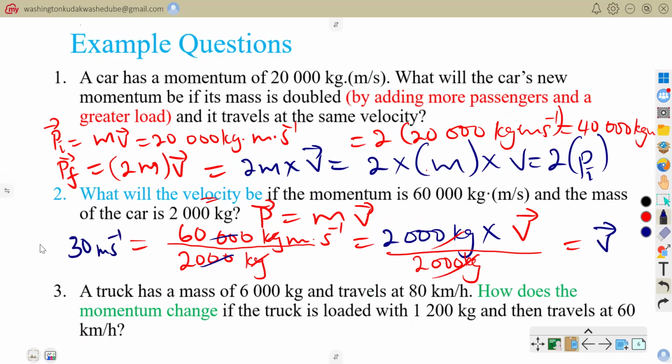And the velocity would be in the same direction as what? As momentum. So you can say 30 meters per second in the same direction as the momentum. Why is it the same direction as the momentum? Because we can see that this is a positive and our momentum was also a positive. So they carry the same direction.